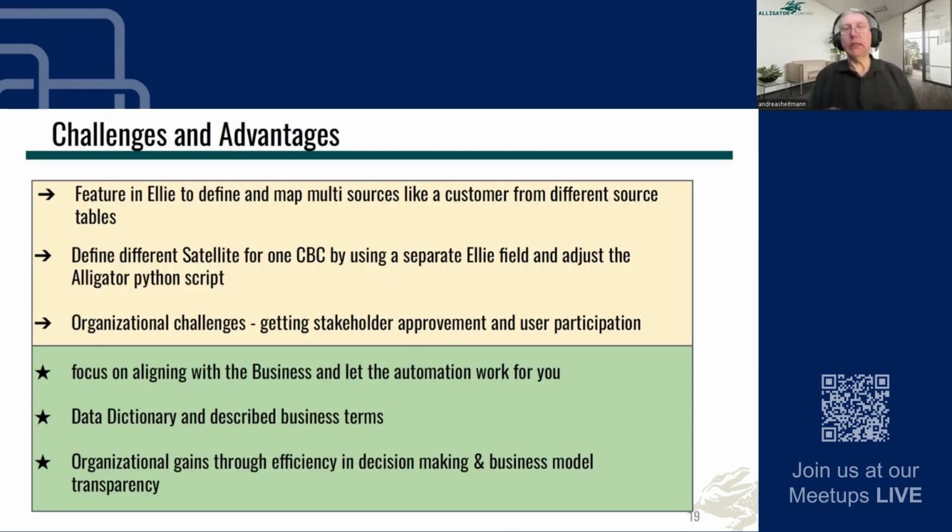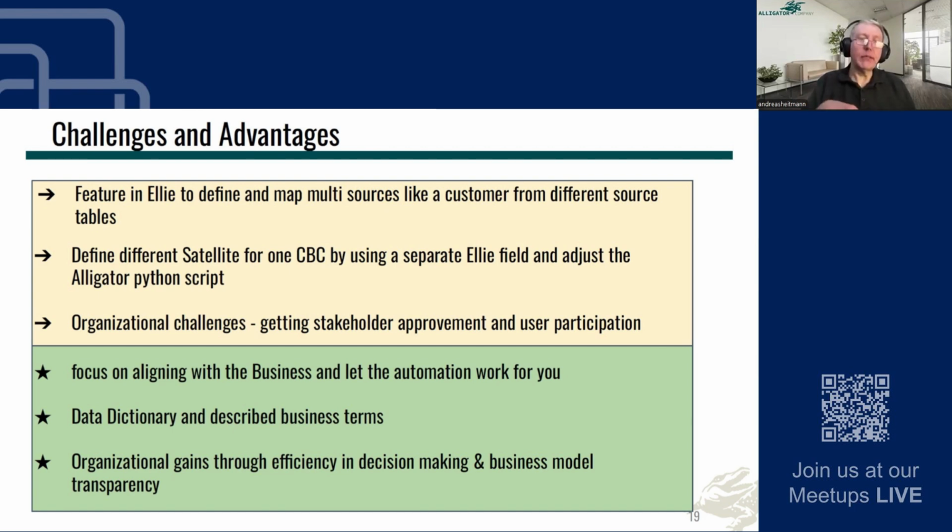Okay, here we are nearly coming to the end. Here are some challenges and advantages of this solution. First of all, at the moment the Ellie tool doesn't provide a way to define multiple sources for one CBC object.